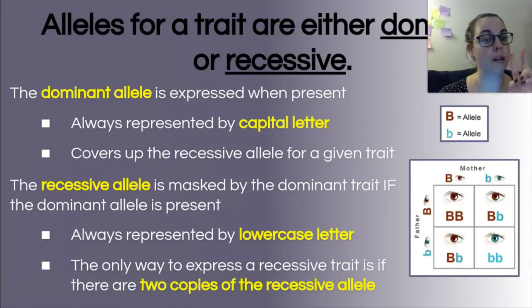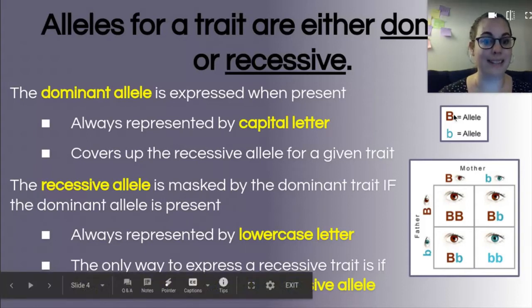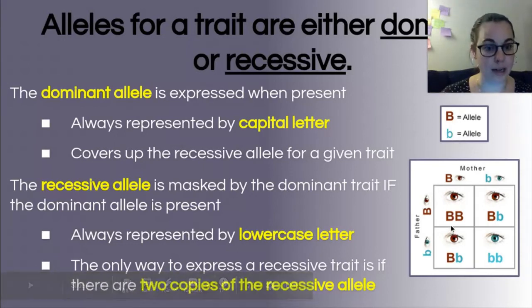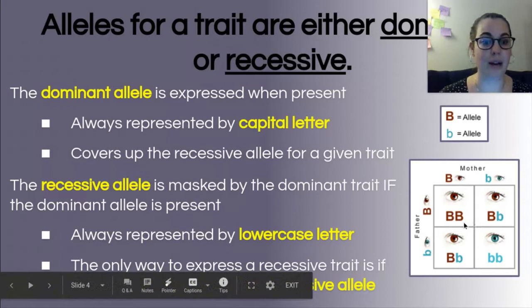We have 2 alleles, brown and blue, for the trait or the gene eye color. Brown is dominant over blue. So we have 2 alleles inherited, 2 capital B's, so that offspring is going to have brown eyes. In this case, we have 2 letters.